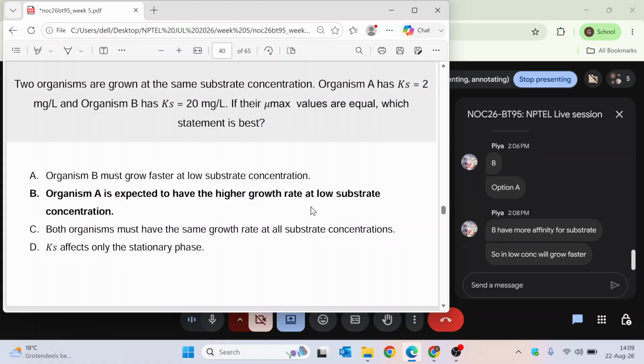Does an organism with a lower Ks value mean that it has higher affinity to the substrate, or is it vice versa?